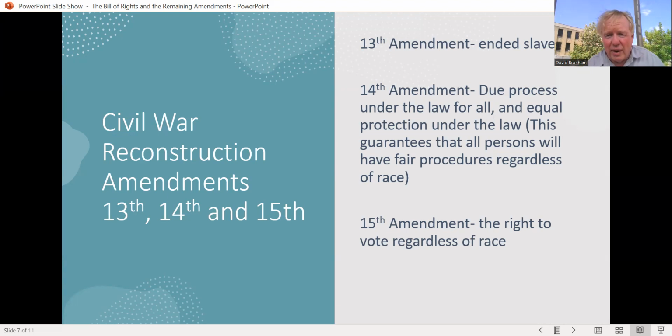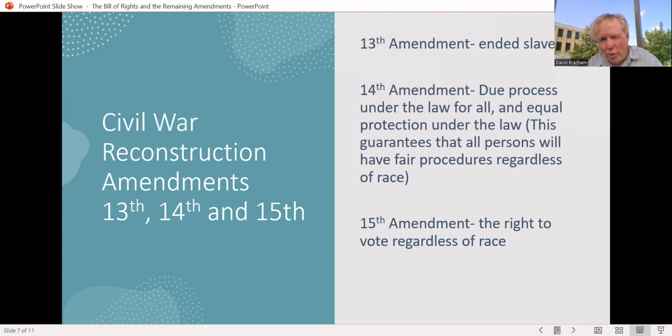There is no more slavery. The 13th Amendment abolished slavery. The 15th Amendment said the right to vote, you have that regardless of your race. And those were statements that had to be made in the post-Reconstruction era. So those two amendments are there, I don't say so much for window dressing, but to send a message.